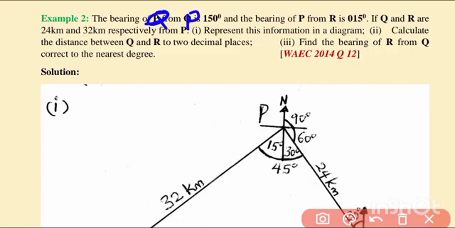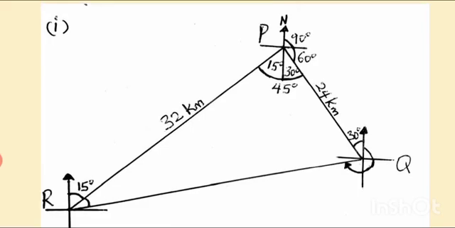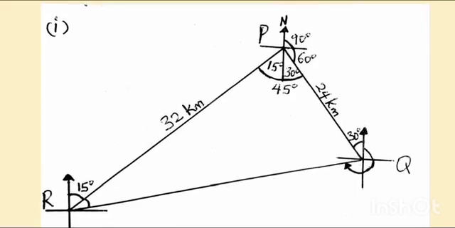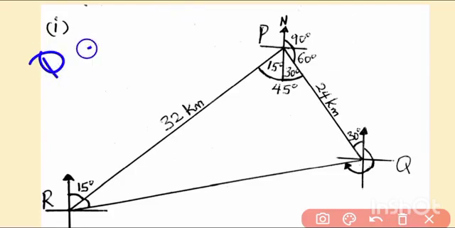Okay, how do we do that? Let's quickly check this in our diagram. The first statement in the question says the bearing of Q from P. If it is Q from P, it means we go to P, which is the second mentioned point, and we read 150 according to the question.